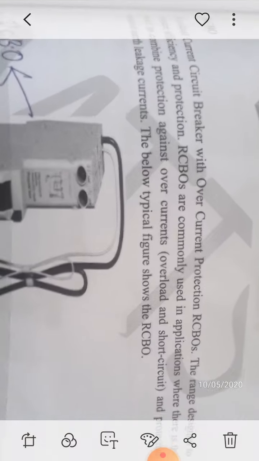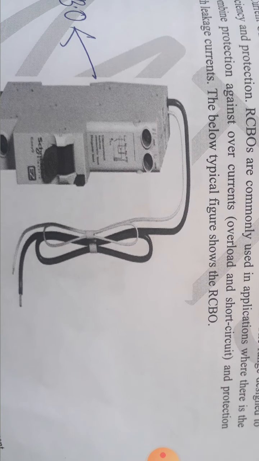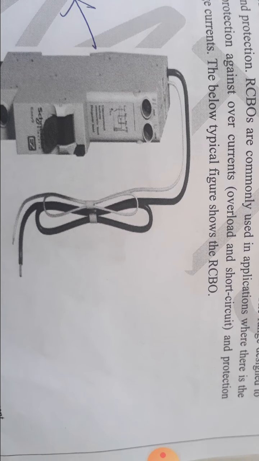The RCBO comes with the neutral wire and earthing wire together. The earthing wire goes to the earthing bar, and the neutral wire goes to the neutral bar.